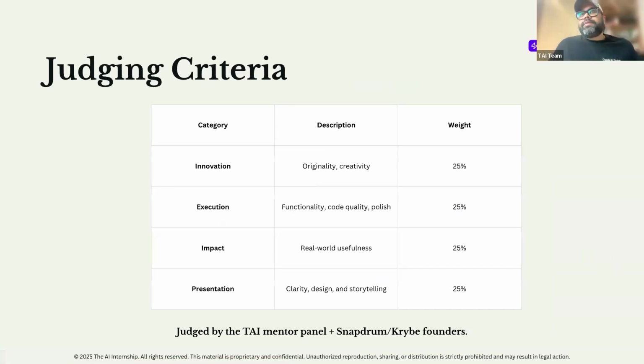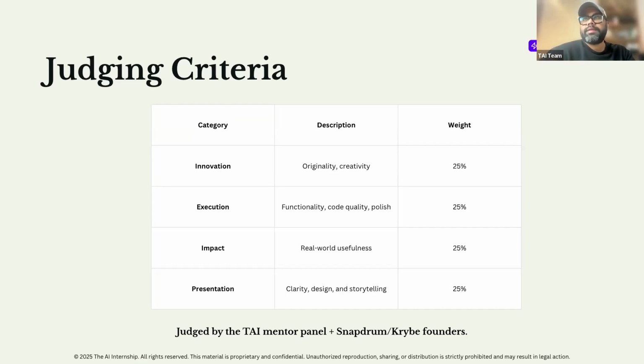So judging criteria. This is for the awards, so if you guys want to touch upon some of these areas to be the best demo. I generally don't like a lot of competition, but obviously really want to appreciate people who put in effort for this stuff. So innovation, 25%: creativity, originality.